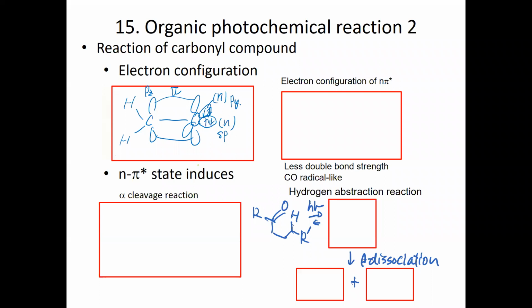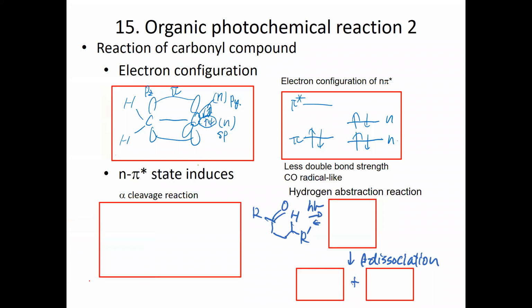So not only the pi-star state, but also the two non-bonding orbitals on the oxygen side, which are occupied by electrons of oxygen, have to be considered. So this is the electron configuration.